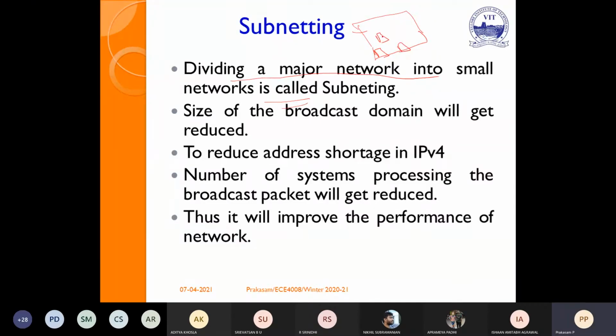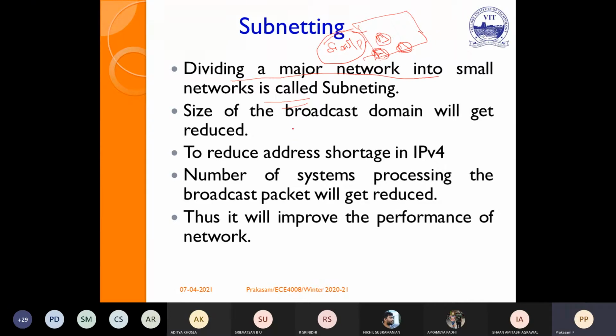So we divide it into smaller ones, each a subdomain. We divide because an internet service provider gives only a single IP address, so we divide that into subdomains using subnetting.